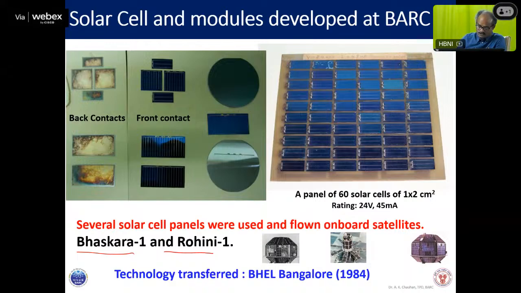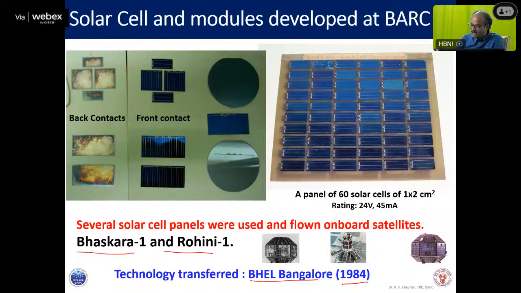And then after maturing the entire process, the entire technology was transferred to BHEL Bangalore in 1984.